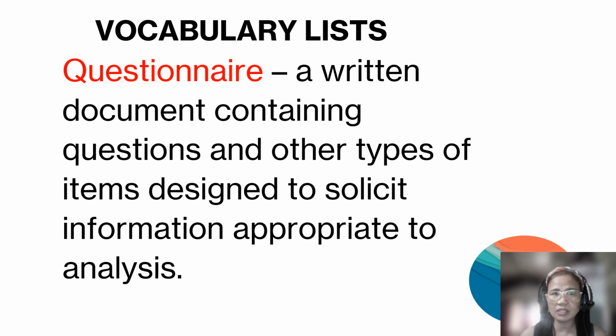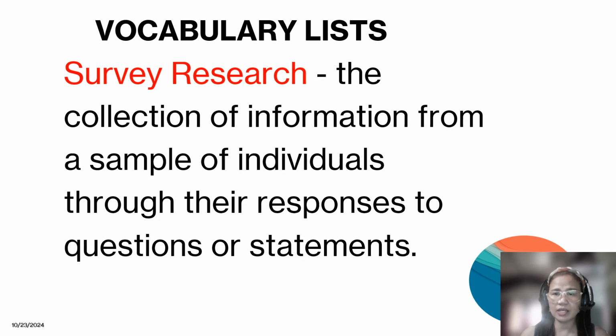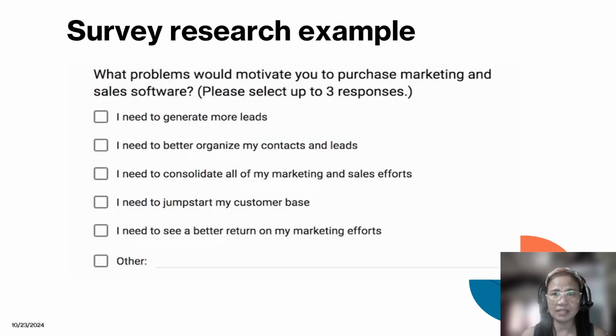Number one is questionnaire. It is a written document containing questions and other types of items designed to solicit information appropriate to analysis. Next, survey research, the collection of information from a sample of individuals through their responses to questions or statements.